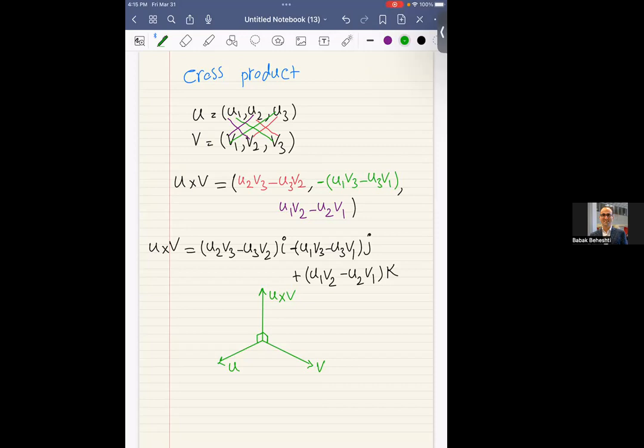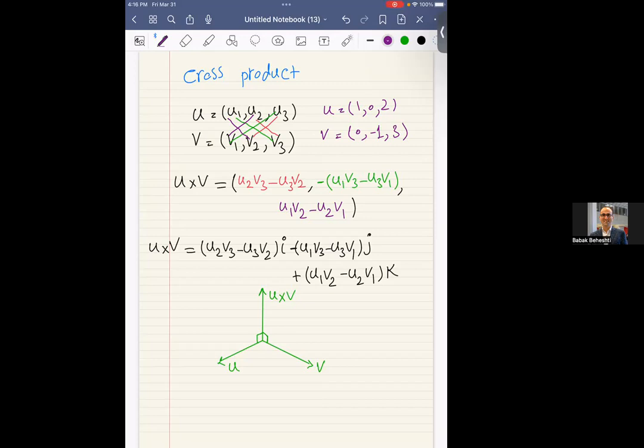So let me just give you an example. Compute the cross product. Imagine that u is 1, 0, 2 and v is 0, -1, 3. So let's compute u cross v.